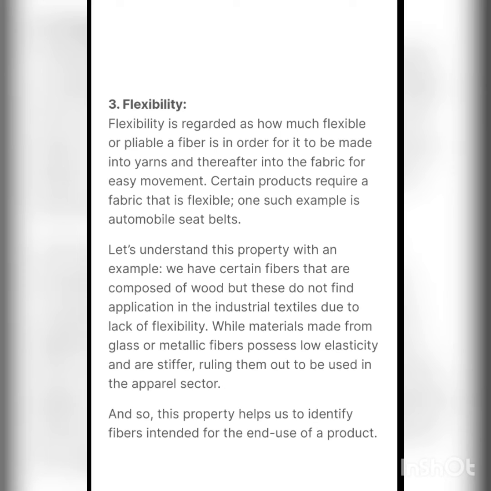Certain fibers that are composed of wood do not find application in industrial textiles due to lack of flexibility, while materials made from glass or metallic fibers possess low elasticity and are stiffer, ruling them out for use in the apparel sector. So according to the flexibility, the usage is different.